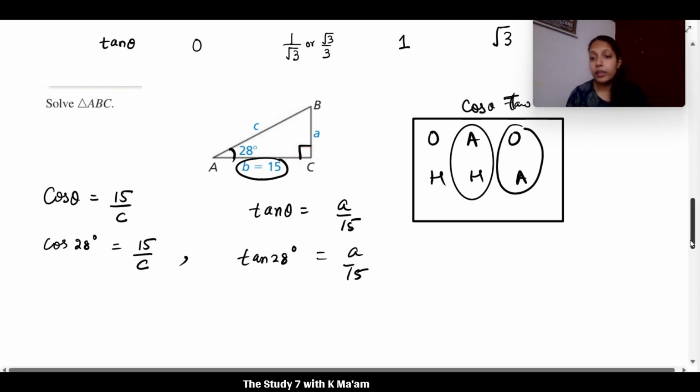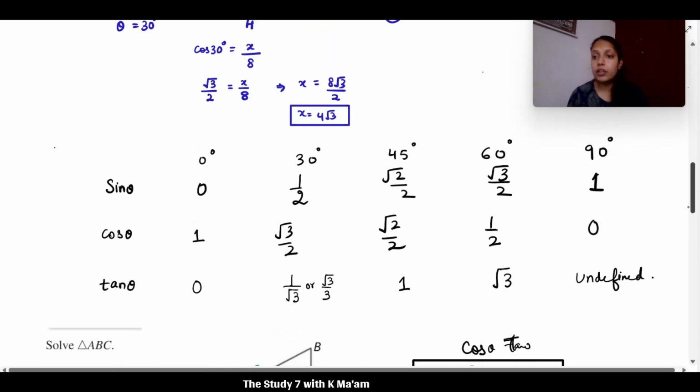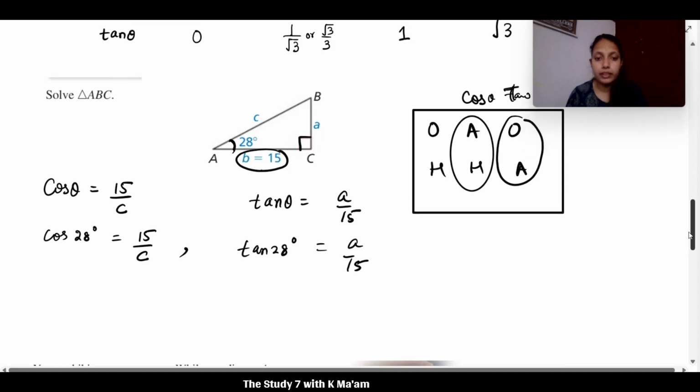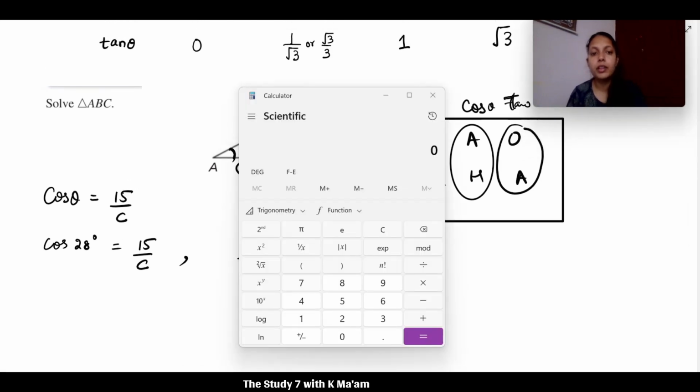We can remember only these values. If the question is talking about any value in between, like 31, 35, 20 something, we cannot calculate manually. We need a calculator. I'm also using the calculator here. So cos 28 degrees, I have to calculate cos 28.